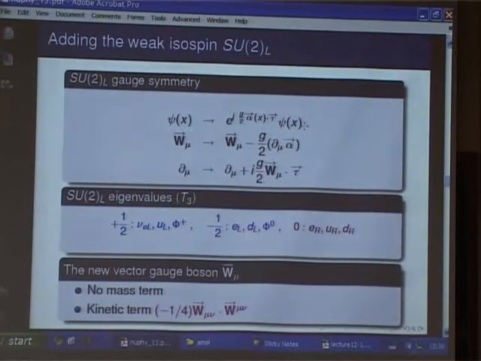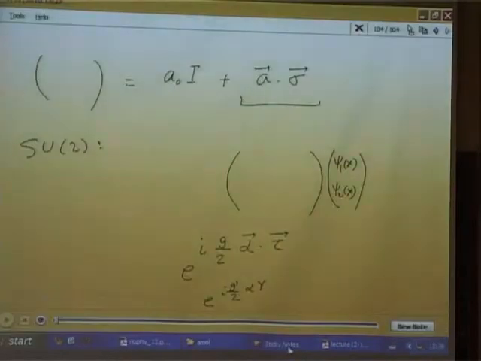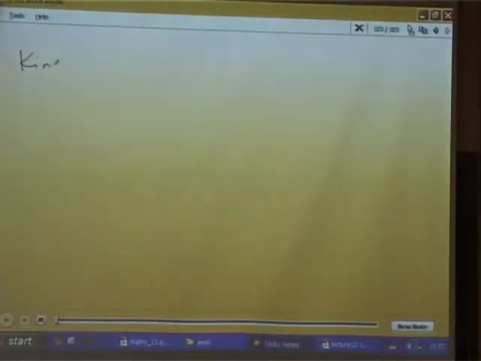Next, you have a kinetic term that will look again like this. However, there is a slight difference. The kinetic term now is not of a simple form like we had earlier. The problem now is that SU2 is not abelian. If it's abelian, things are easy because you can swap things.